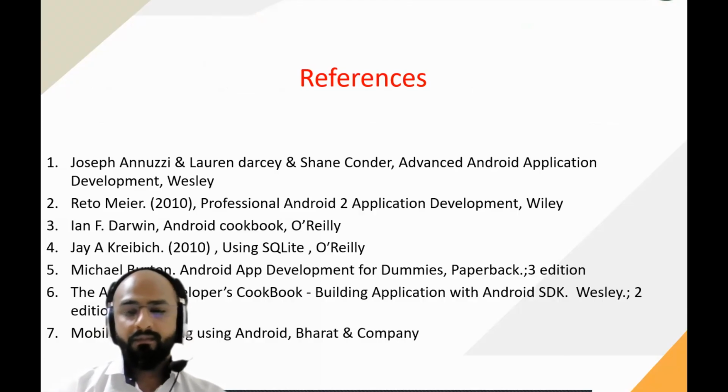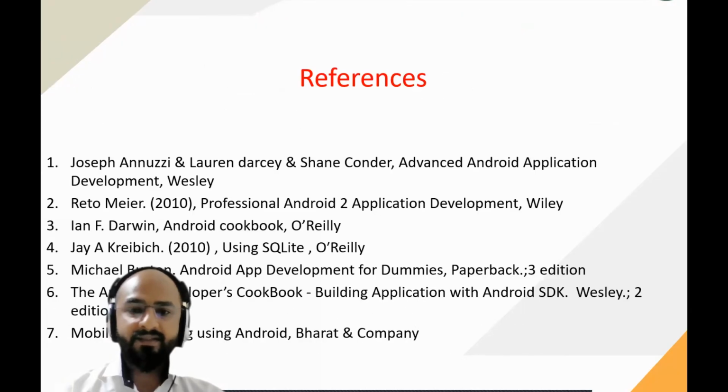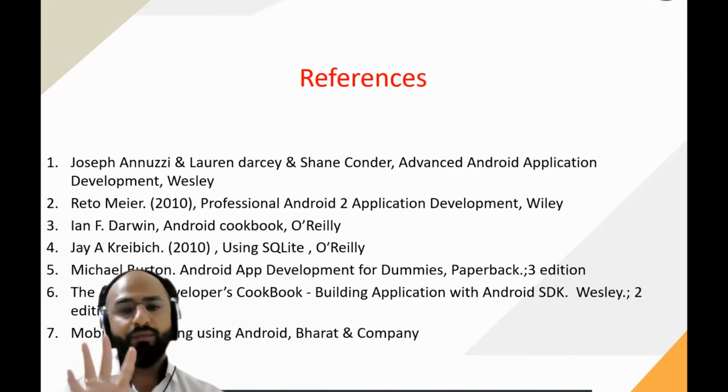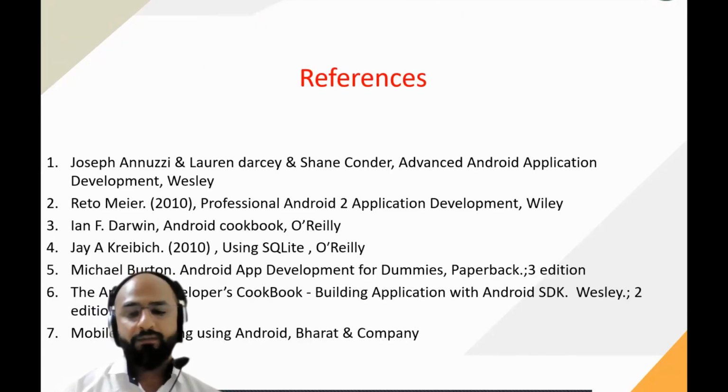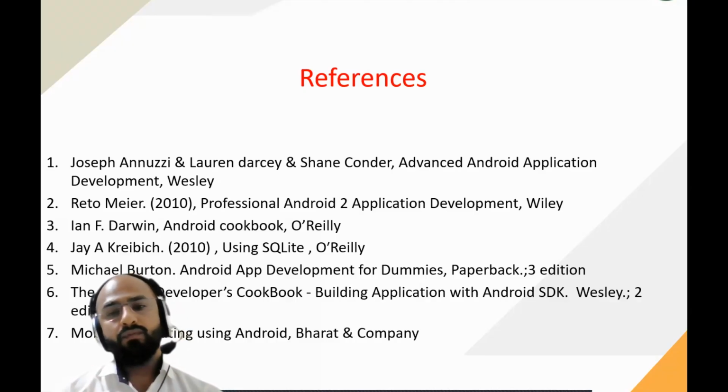So, what we have done in this lecture? In this lecture, we learned about 4 widgets of Android. First is text view, edit text, button, and image button. We have learned all the properties related to these 4 widgets.